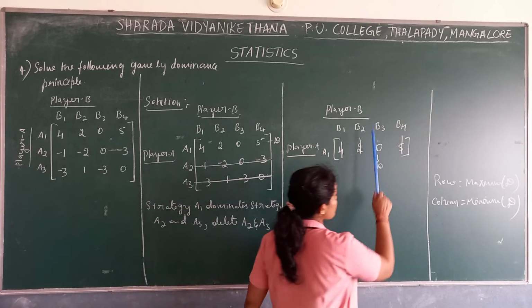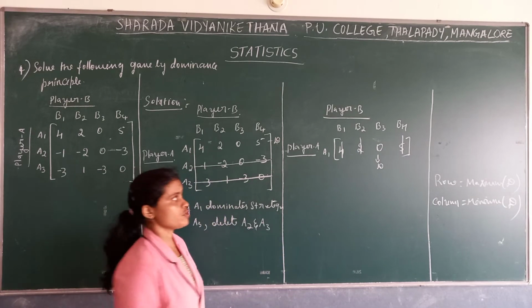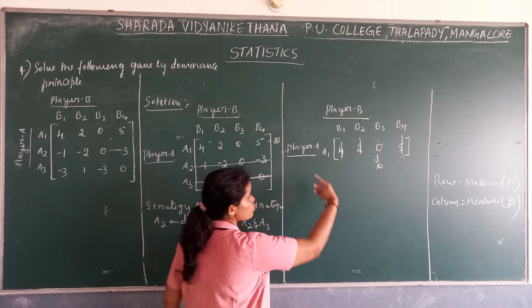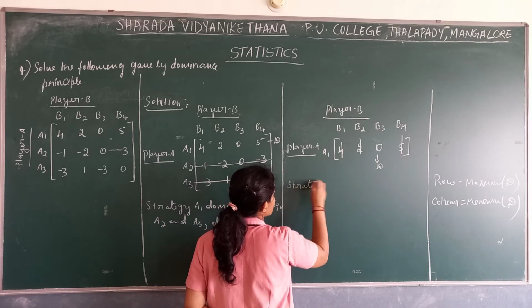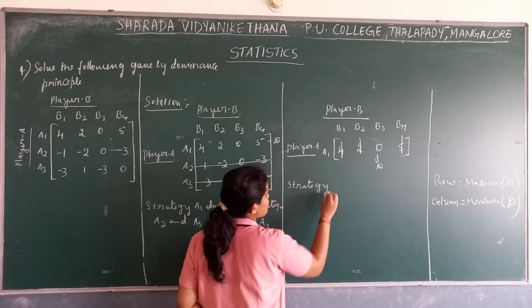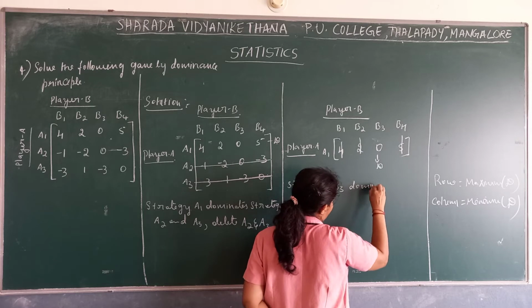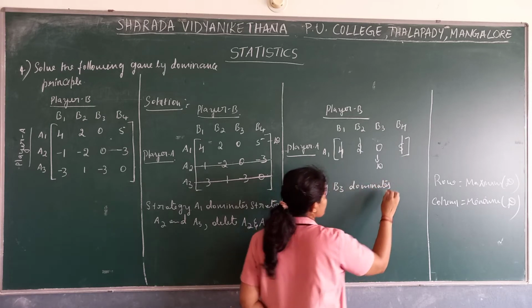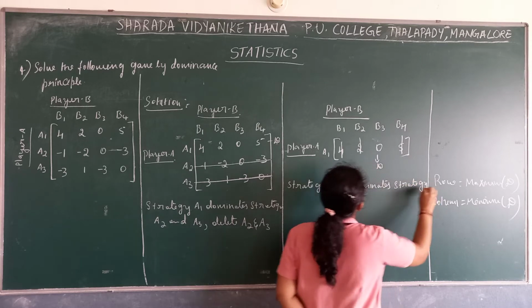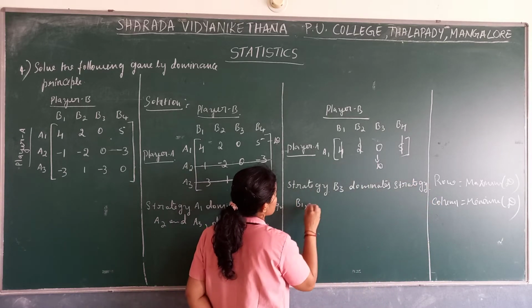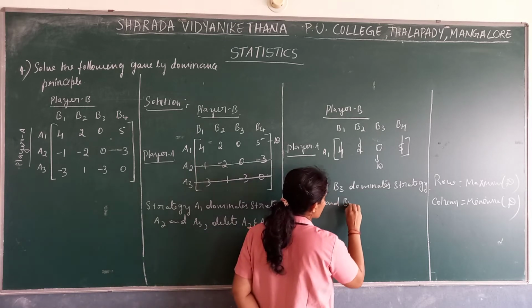So here it dominates the other columns. No need to compare or check it now. Here strategy B3 dominates strategy B1, B2 and B4.